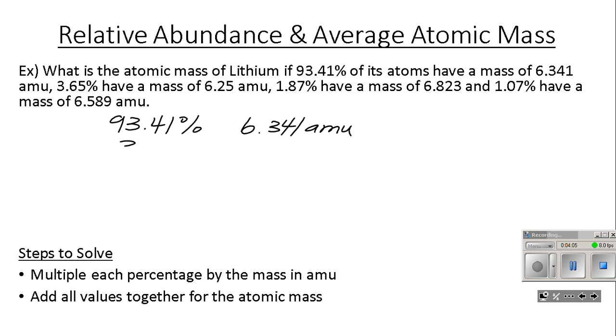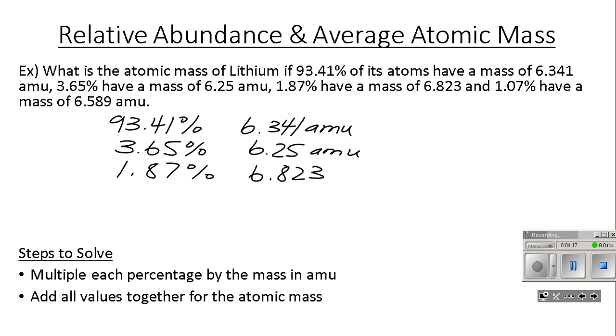And the next one, 3.65% has a mass of 6.25 atomic mass units. 1.87% has a mass of 6.823 atomic mass units, and 1.07% has a mass of 6.589 atomic mass units.